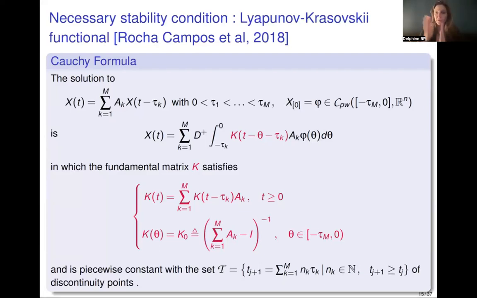And again at the next delay, which is, I don't know, 2 tau 1, for instance, or tau 2, whatever. So you have a piecewise constant matrix with discontinuity points being the set capital T, which is the set of integer linear combinations of the delays.